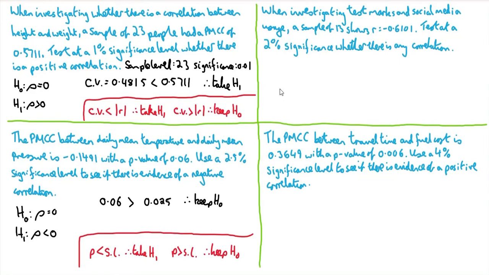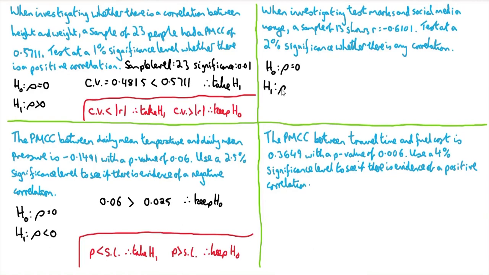So, if we were to look at the top one first, because it's a hypothesis test, we need to acknowledge what our hypotheses are. Once again, null hypothesis has to just be that rho equals 0. But in this case, for our alternate, there's no mention of a positive or a negative correlation. We're just testing for any correlation full stop.